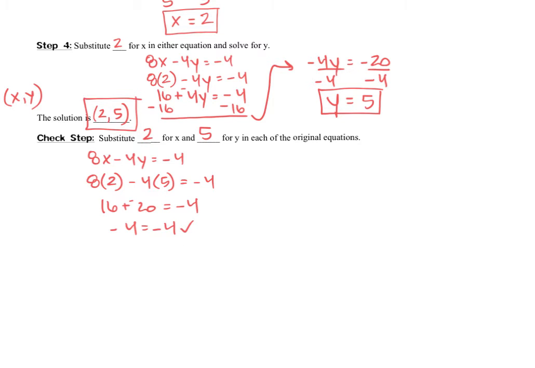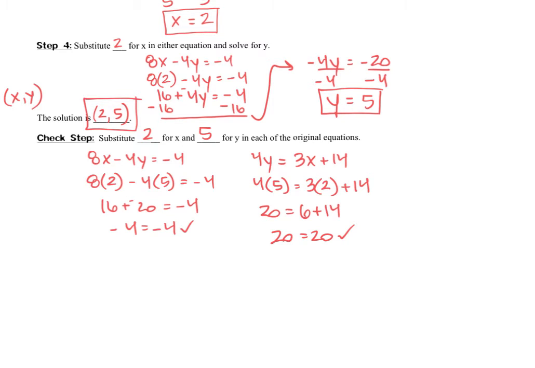Then I'm going to check it with the second equation, and I'm going to go back to the original before I moved it around when I check here. So this would be 4y equals 3x plus 14. So that's 4 times 5 equals 3 times 2 plus 14. So that's 20 equals 6 plus 14, which is 20 equals 20. Again, another true statement, so I know that I got the right answer.